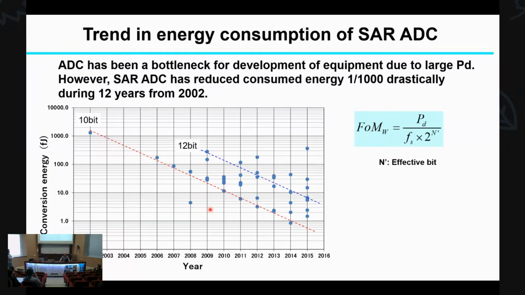So the system designer must select the ADC resolution as small as possible.